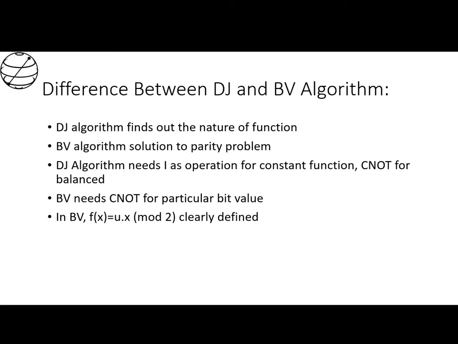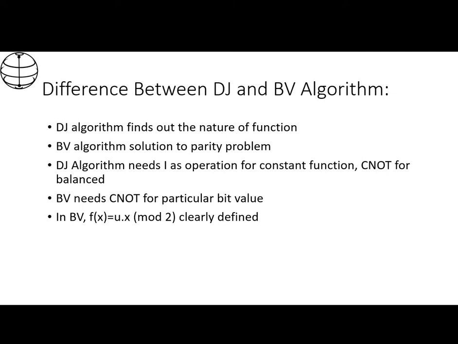In Deutsch-Jozsa we use I for a constant function and CNOT for a balanced function, but in Bernstein-Vazirani we use CNOT for particular bits. And in Bernstein-Vazirani, f(x) is clearly defined, which in Deutsch-Jozsa is not, and we have to figure out what kind of function the oracle has.